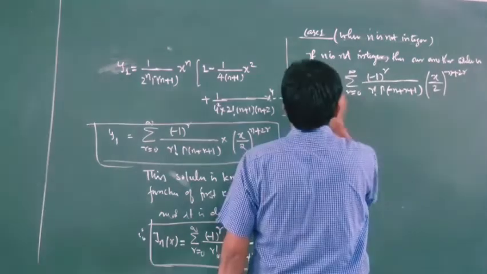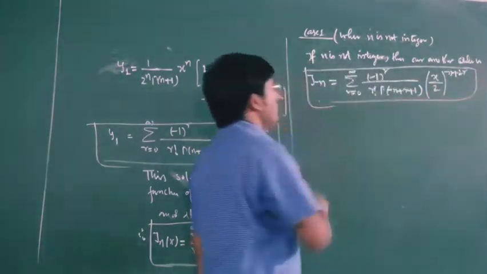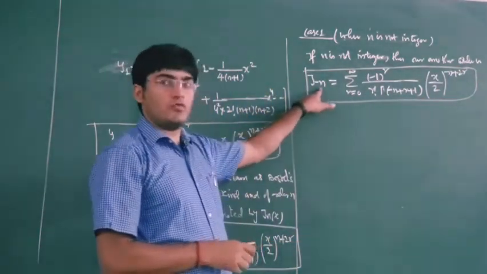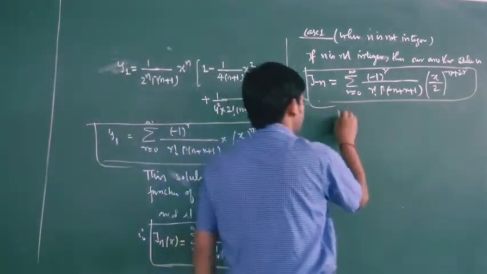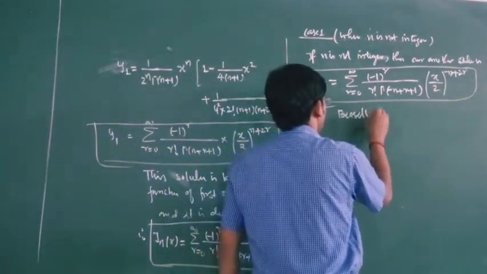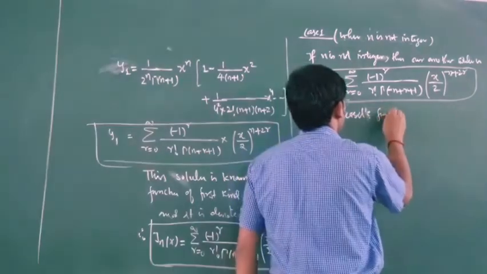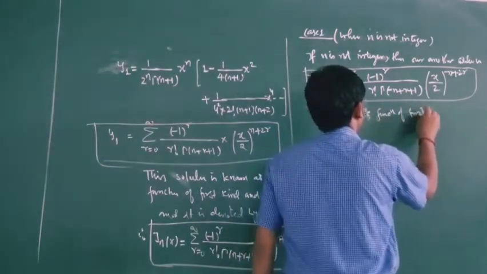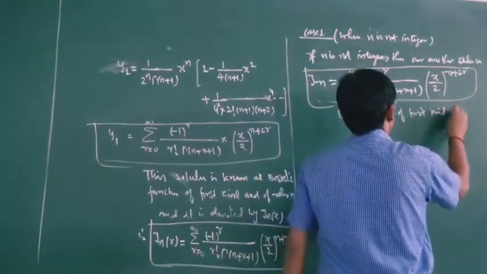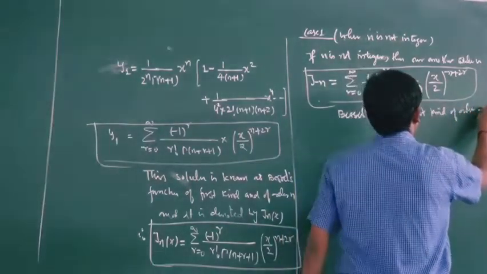So this is known as the Bessel function of first type of order minus n.